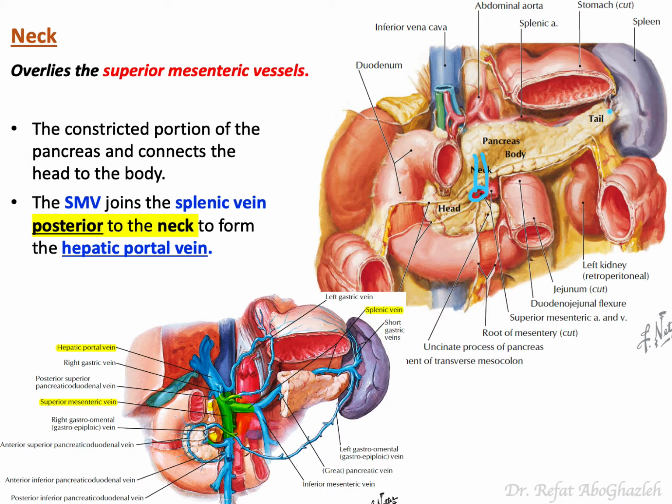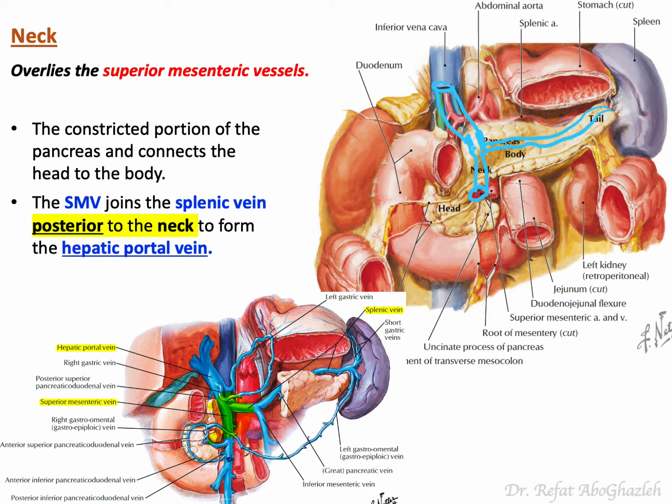This is the spleen, and there is a vein that passes behind the tail and body of the pancreas until it reaches and joins the superior mesenteric vein, and they form a very important vein that drains the blood from the whole of your GI system, which is the hepatic portal vein. This is the portal vein.